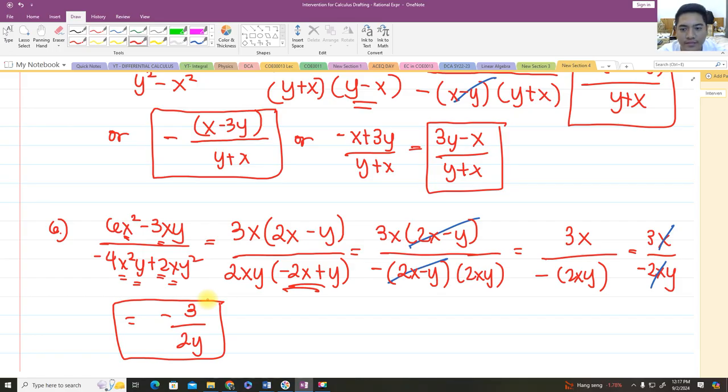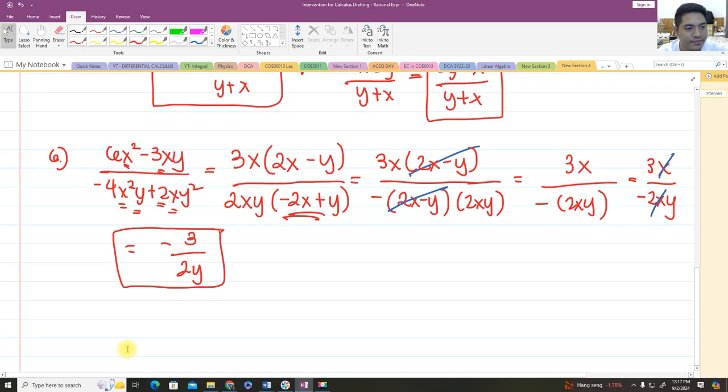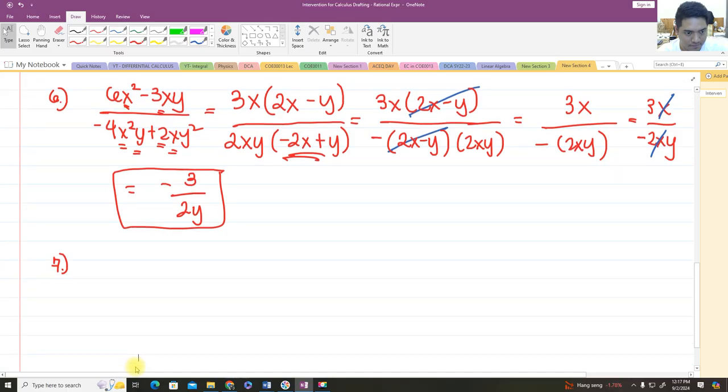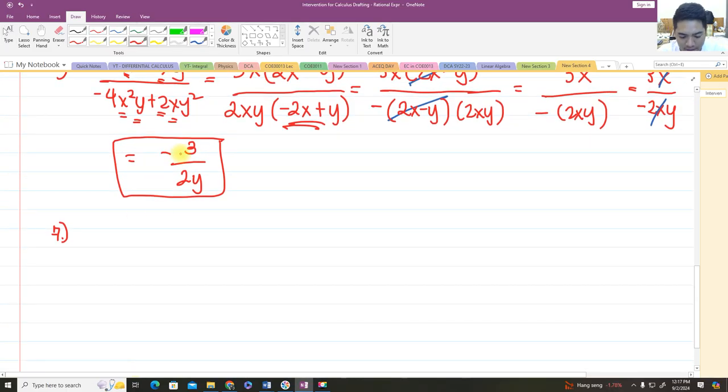For number 7, you have r cube s plus 3r squared s plus 9rs all over r cube minus 27.